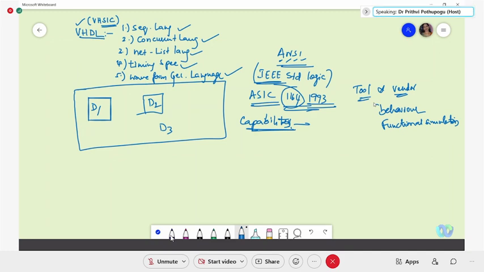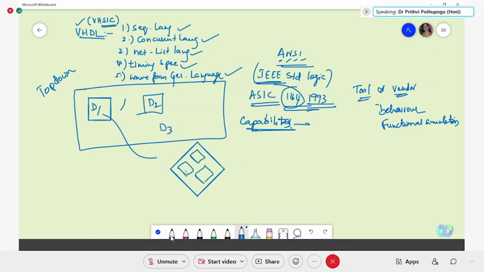Not only that, VHDL has some hierarchy. That means it follows a set of interconnected components, and each component will be modeled as a subset of components. Hierarchy means if this is my major design, it can be designed as, say, top down. I cut that into some smaller segments, and if this is D1, again I can cut it into other smaller segments.